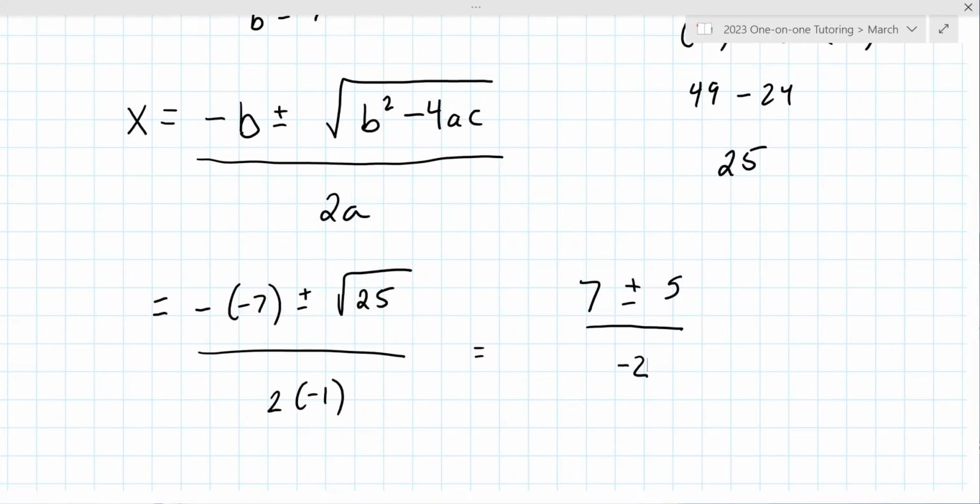Could you work this out and give me the final answers for this, please? Sure.